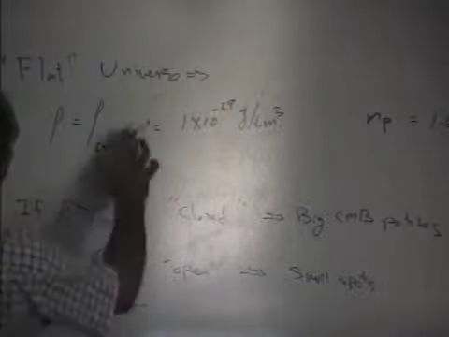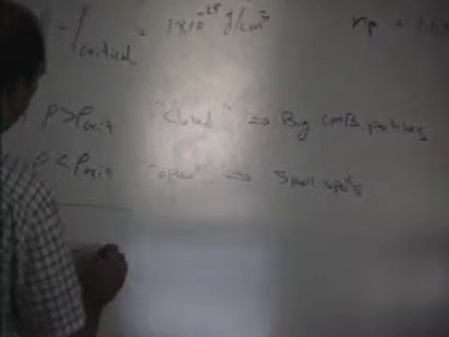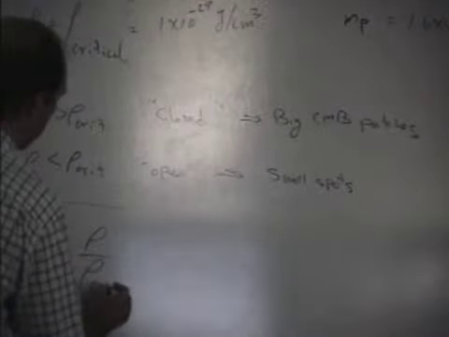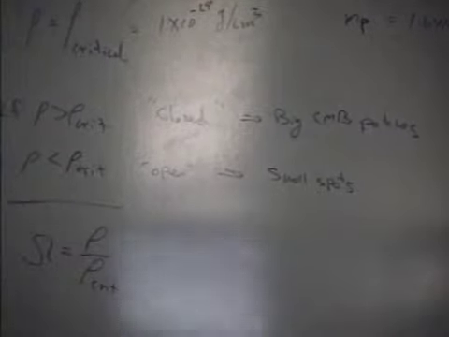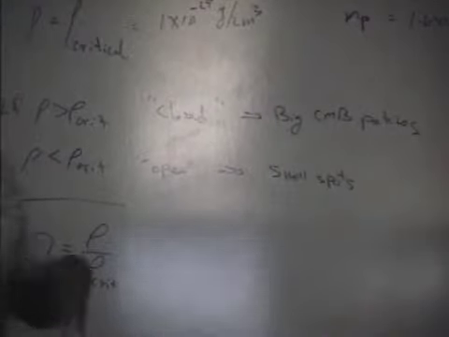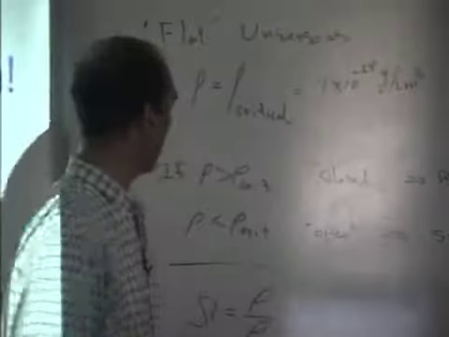So usually the way we express this is in terms of a quantity called omega. And omega is the ratio of the density to this magic critical density. And we now think of the universe as being made up of several different kinds of species of things.